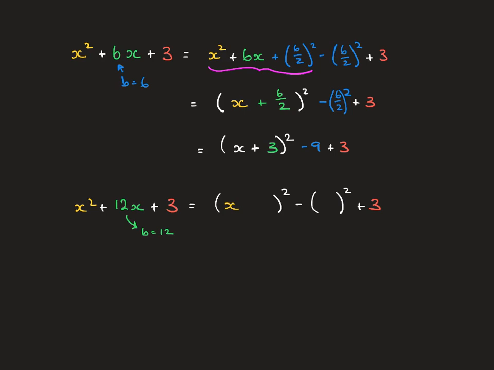What we do is we add in our 12 on 2 and we take away that same 12 on 2 squared. So if we set up the pattern, we just pop the same number, which is b on 2, into both of those squares.